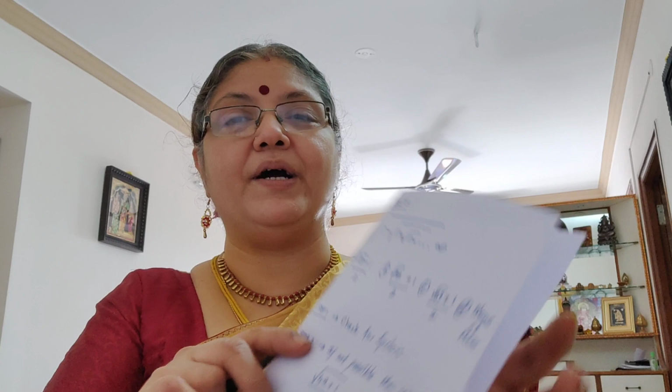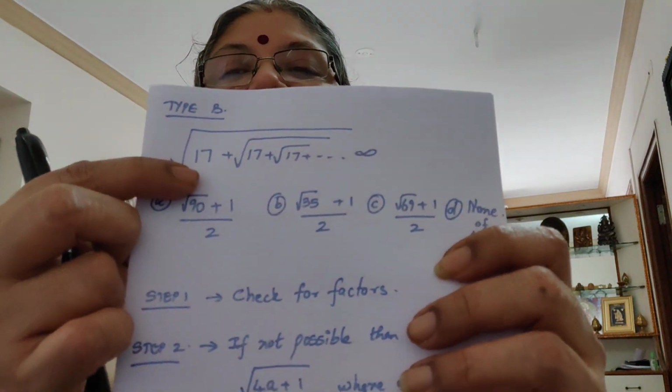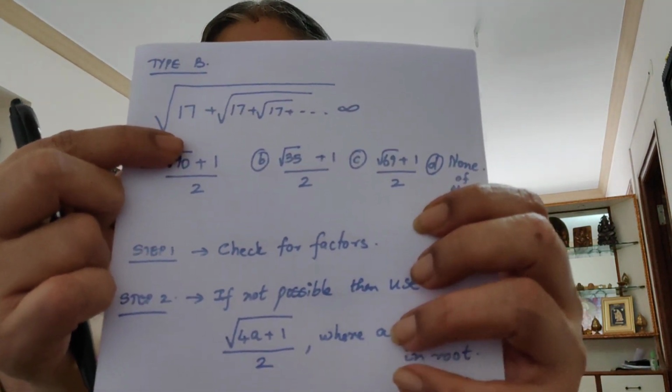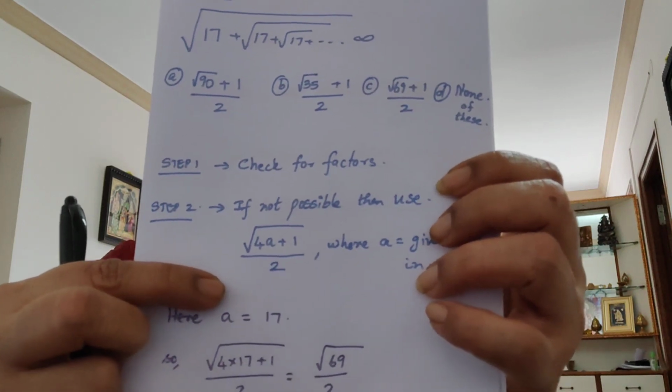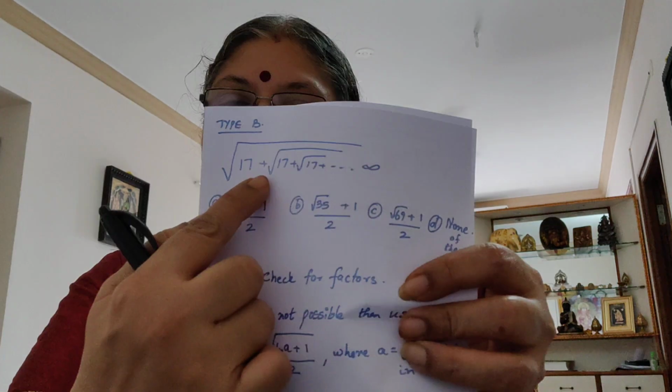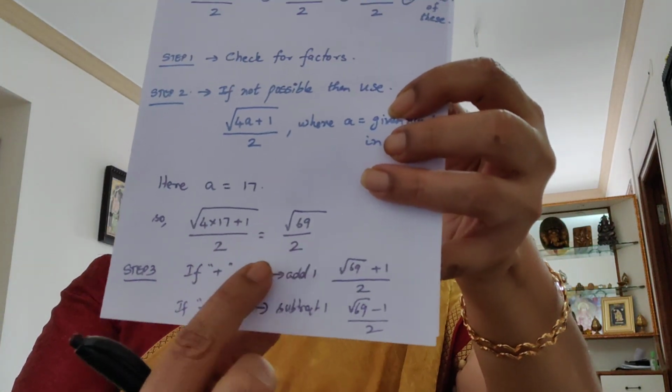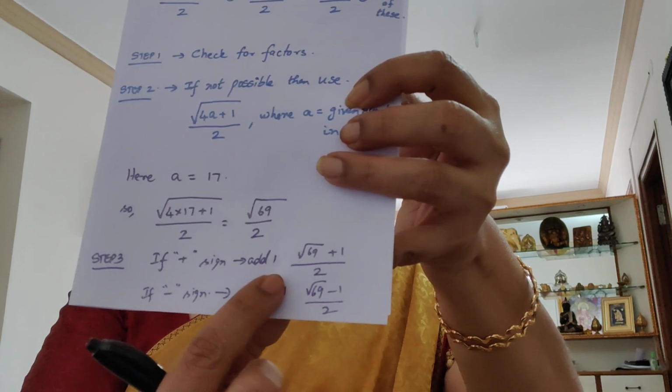Remember, what is your a is something which is given in the number here. So whatever is the number, we call it a here. So it is nothing but 4a plus 1 divided by 2. It doesn't stop there. Look at the sign here. If it is plus, you add 1. So it is square root of 4a plus 1 which comes separately, and then you divide it by 2.